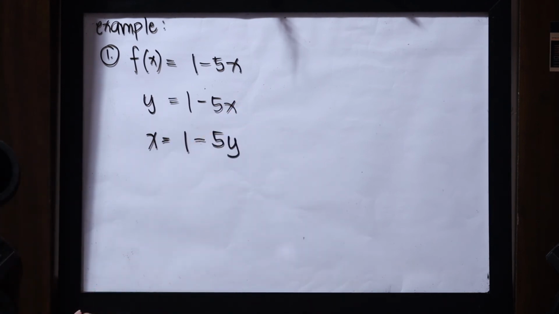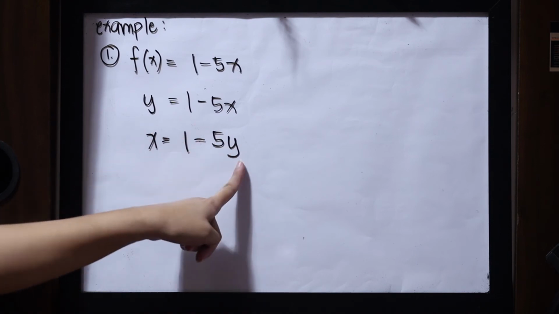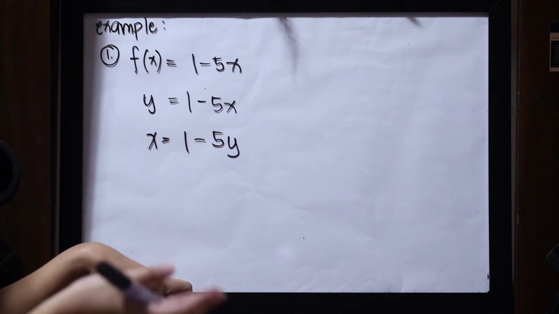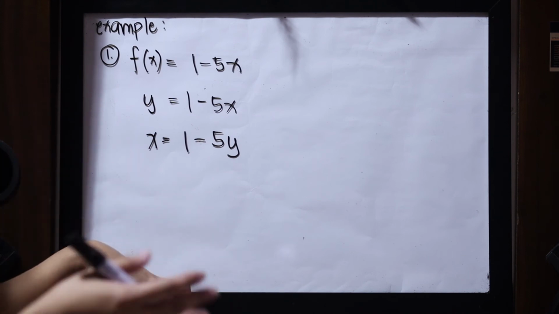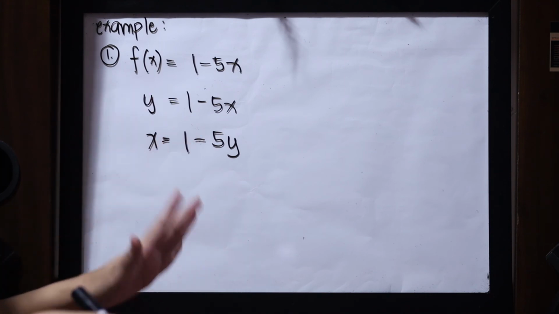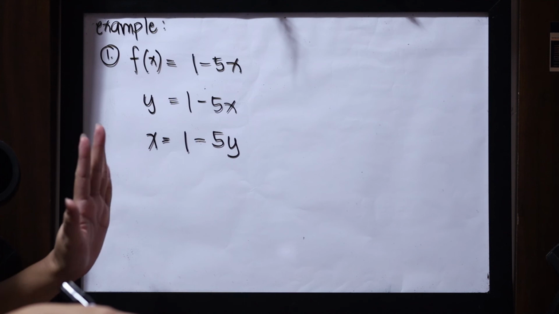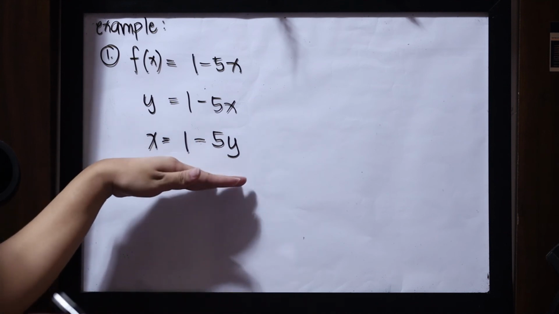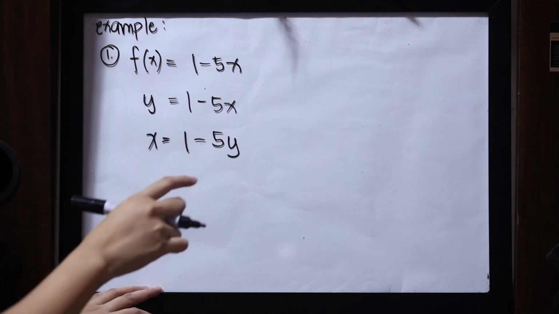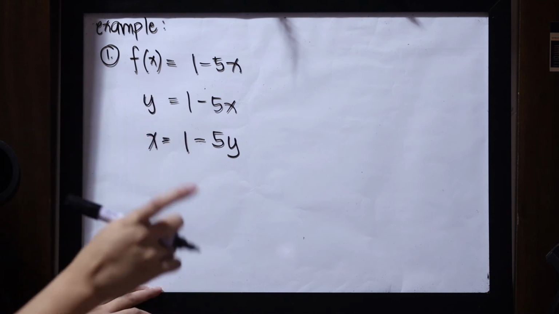So, after interchanging x and y, you have to solve for y by applying all the concepts in algebra na alam niyo. Basta kailangan, after interchanging y to x and x to y, magsasolve kayo ng value of y in this equation. So, solving for the value of y, i-retain natin yung y sa isang side ng equation.